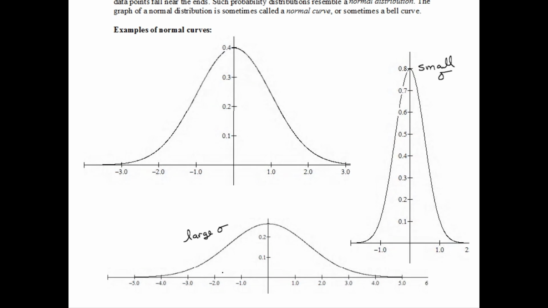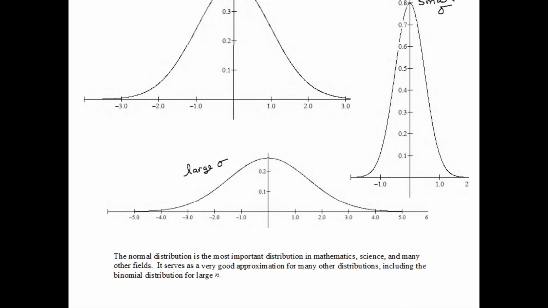In this broader, flatter curve, we still have more near the middle than anywhere else, but we certainly have more further out toward the ends than with the tall, narrow one. So the standard deviation for this curve is larger than for either of the two others.